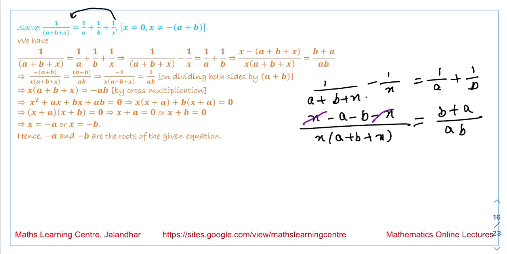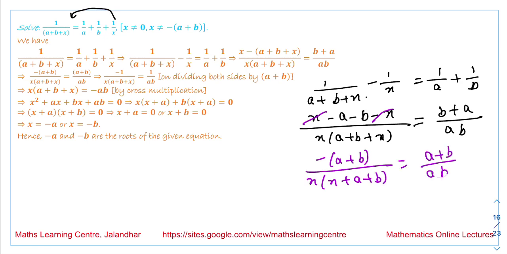Now these two terms get cancelled. Minus sign is common. We are left with a plus b over x into x plus a plus b, that is equal to a plus b over ab. A plus b gets cancelled. So we are left with minus ab is equal to x into x plus a plus b.